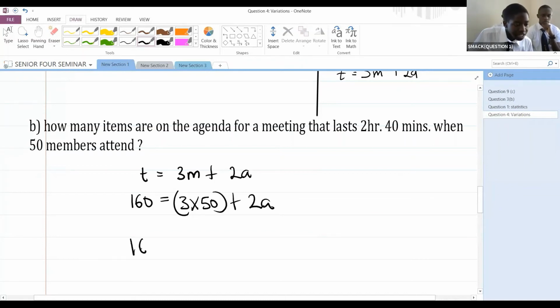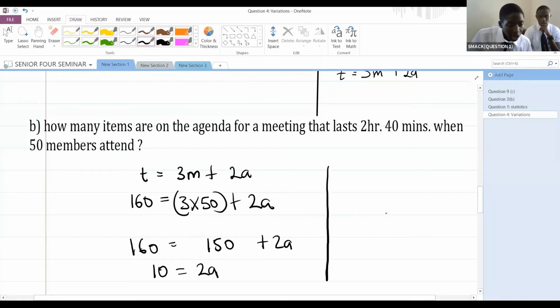So 160 is equal to 150 plus 2A. When 150 changes the side, we have 160 minus 150, which gives us 10 is equal to 2A. When we divide 10 by 2, we get our answer as 5 items on the agenda.